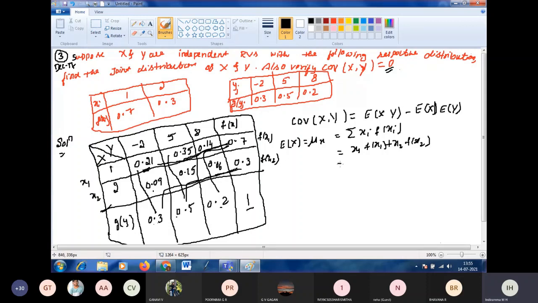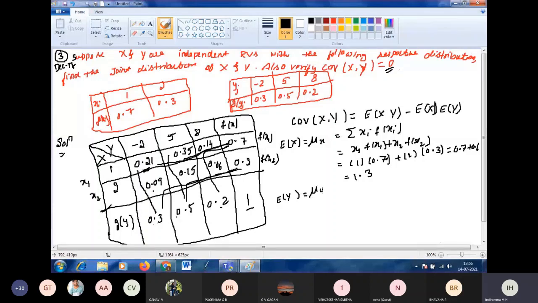Substituting: 1 into 0.7 plus 2 into 0.3, which is 0.7 plus 0.6, giving 1.3.